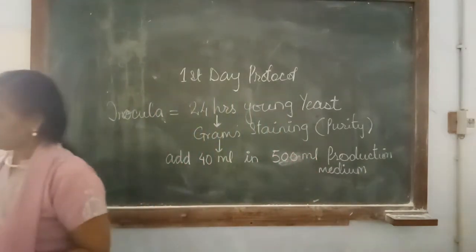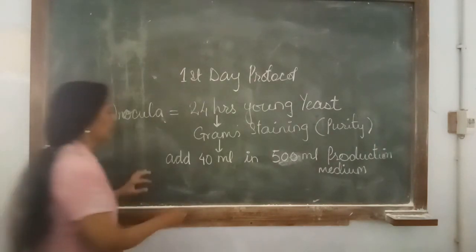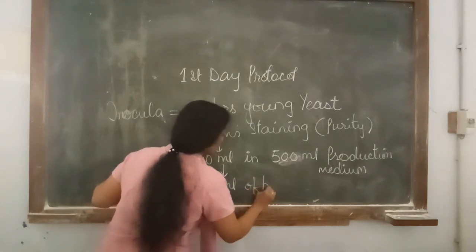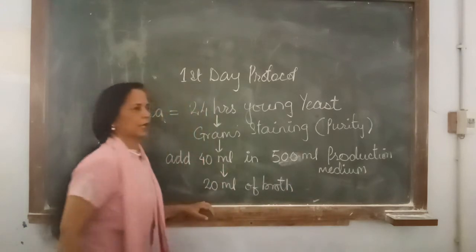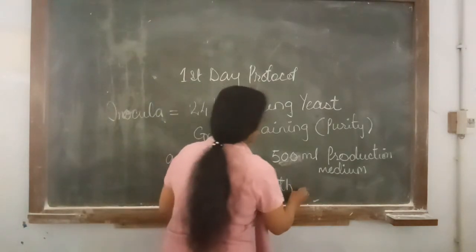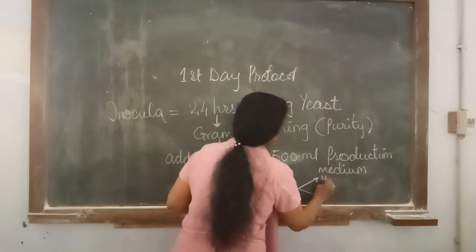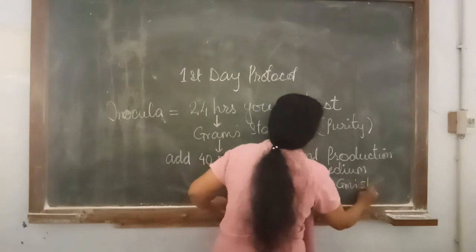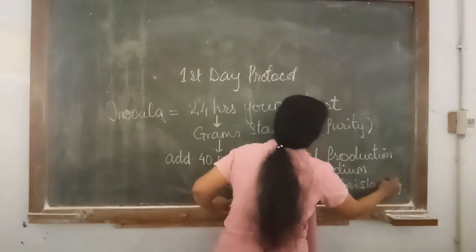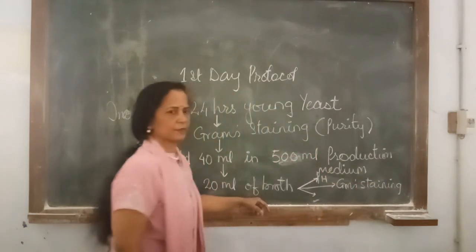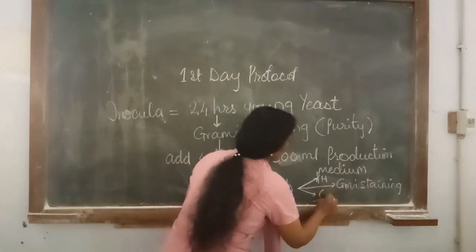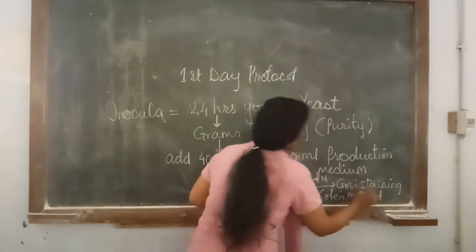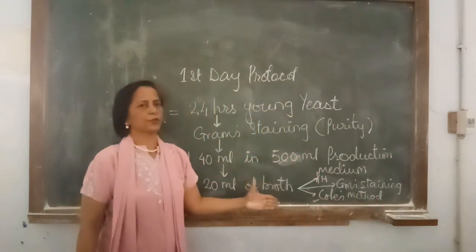Now after doing so, we collect 20 ml of broth from our brown bottle of production medium, and then we go for checking of pH. We will also make a slide to check the presence of organisms and purity, and then we go for Coles method. So this is the protocol for the first day.